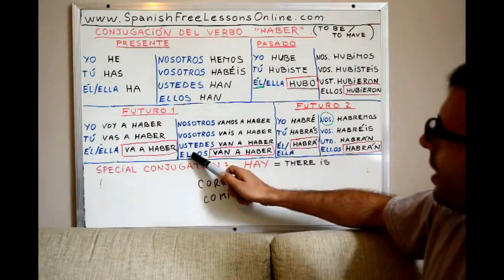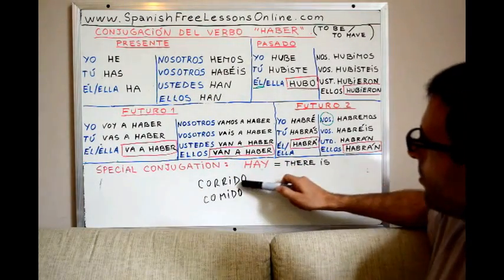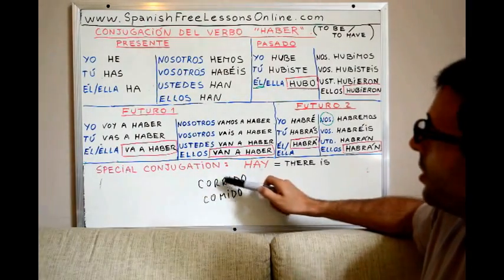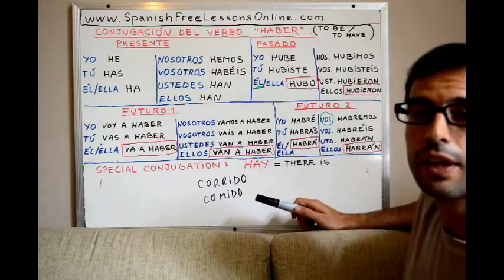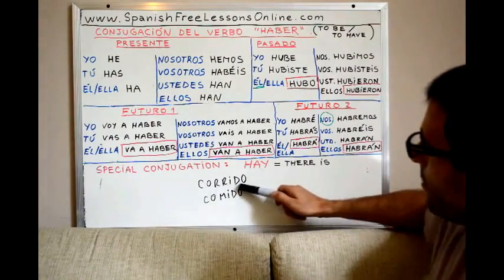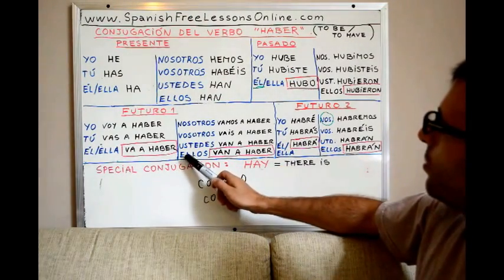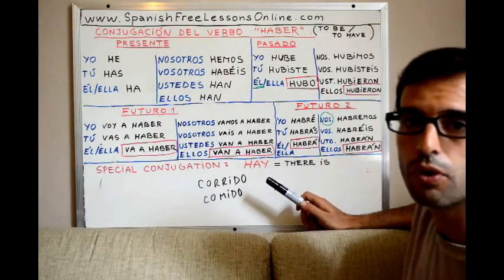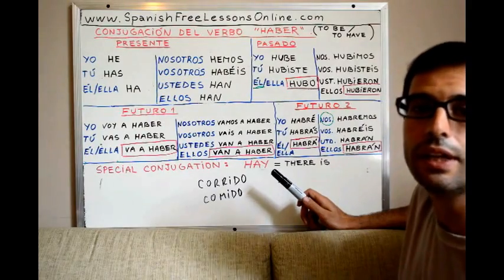That means they will have, right? If we add corrido, the past participle of the verb to run, it will be ellos van a haber corrido. That means they will have run. If we add comido, that means eaten, we would say ellos van a haber comido, or in English, they will have eaten.